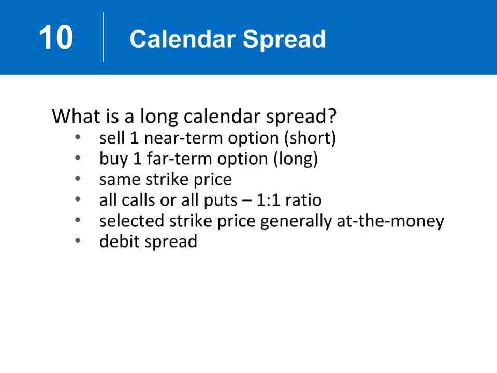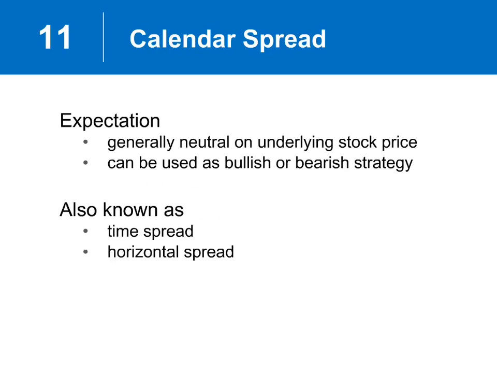Slide 11 talks about the expectations for the underlying. Generally, if we're talking about an at-the-money strike price, we're essentially talking about picking a strike right where the stock is. So we're neutral on the underlying over the period of time that we're long the one call and short the other, assuming we're doing it on the call side.